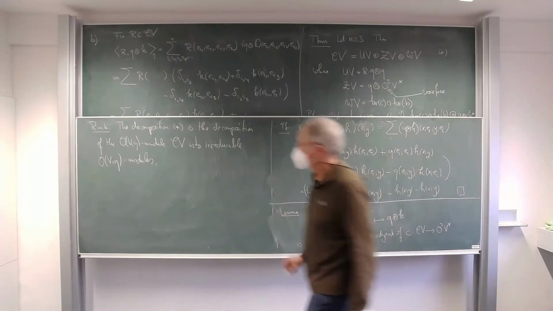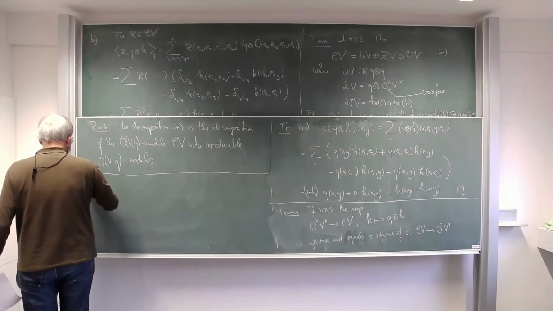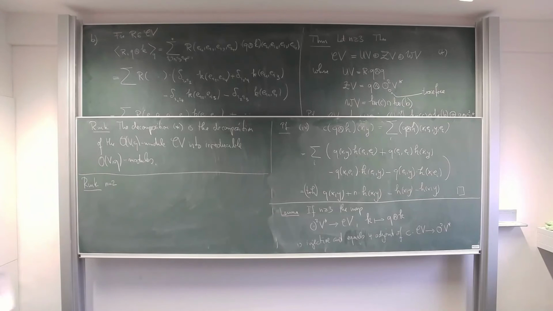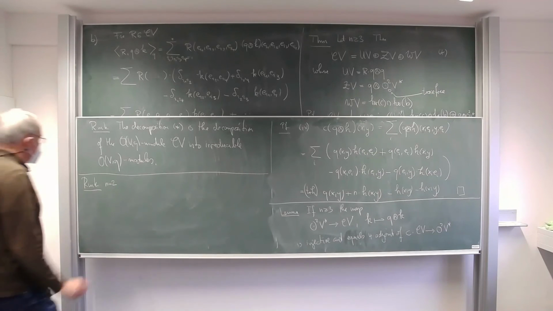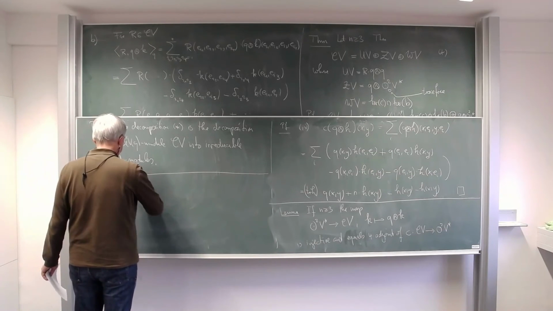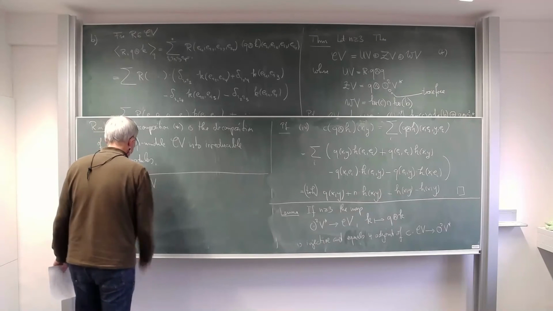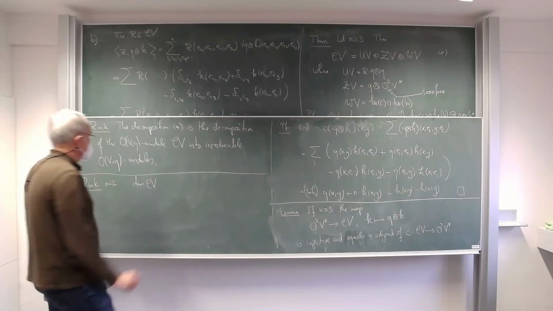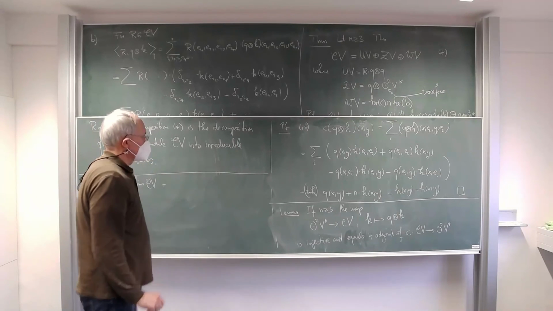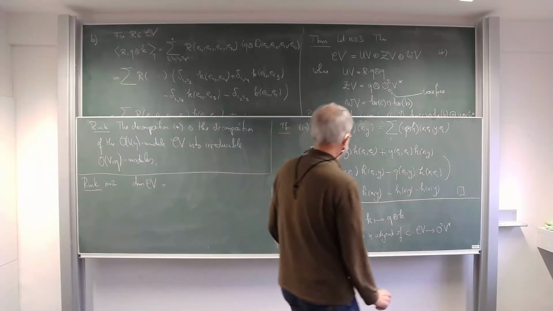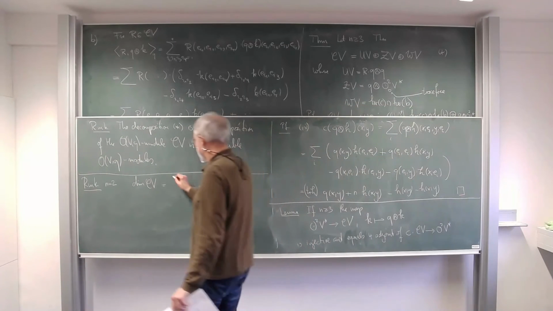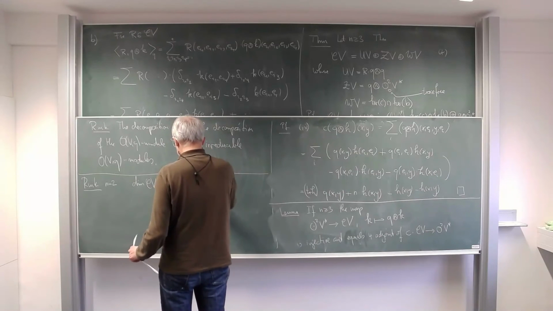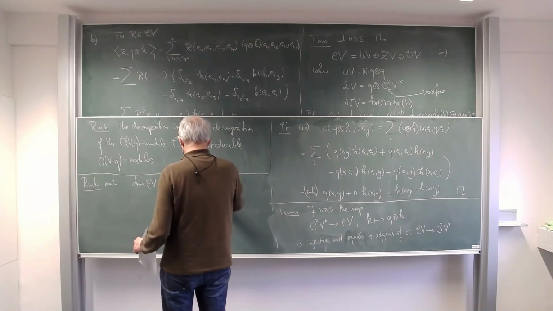Now let's make a few remarks on low-dimensional special cases. Remark. If n is equal to 2, what's the dimension of the space of algebraic curvature tensors? We have computed the dimension earlier. Let me first recall the general formula, because in a moment we will need it.